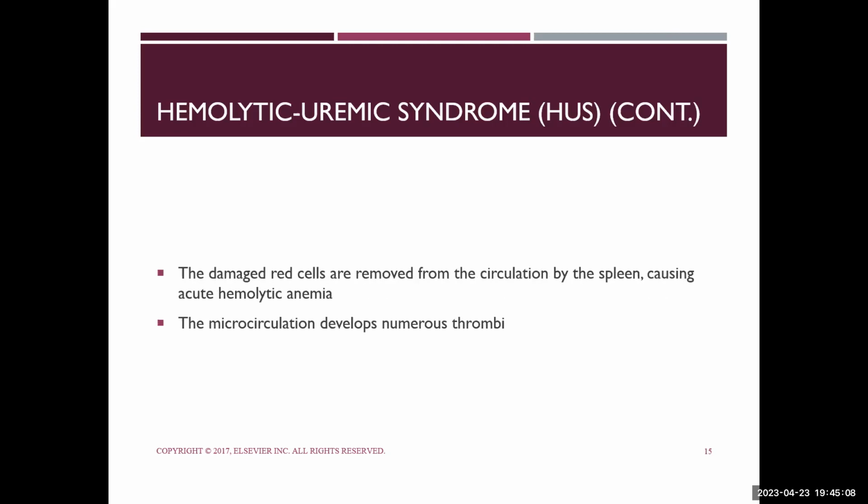So this is an intravascular hemolytic anemia. And the schistocytes, the damaged red cells, get removed by the spleen. So you get the hemolytic anemia, and you get lots of clots everywhere as well. Again, prognosis is pretty good.